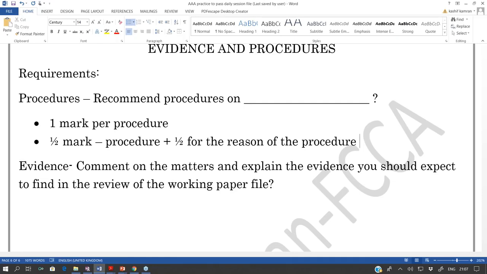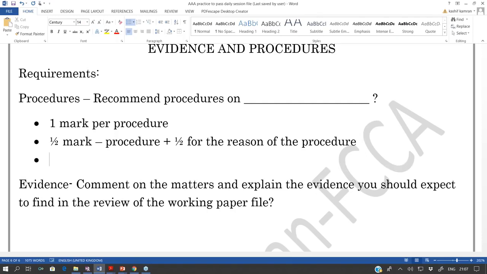So whatever the auditor is doing, there has to be a purpose, right? There has to be a purpose of doing that. So half a mark for procedure and half a mark for the reason of the procedure. That's how you're getting 1 mark per procedure.